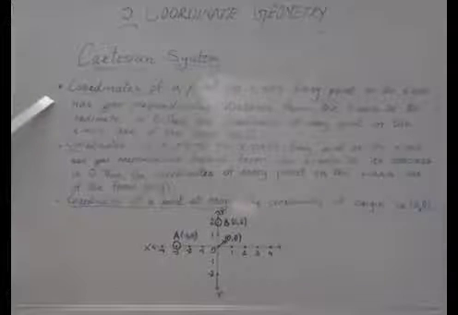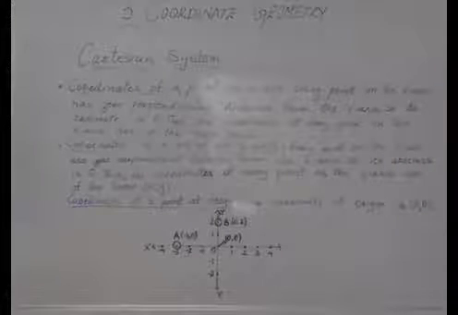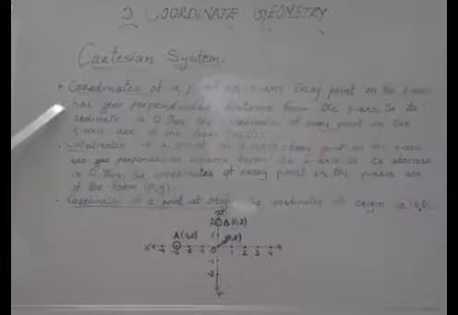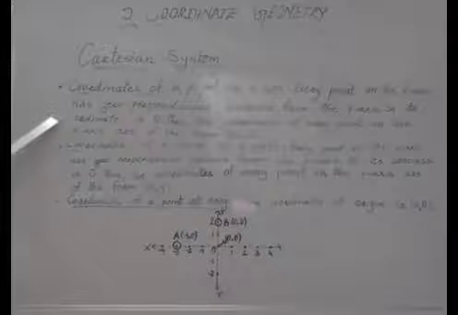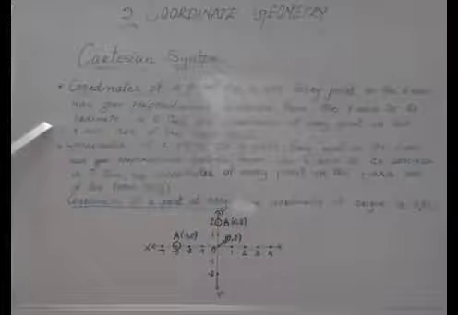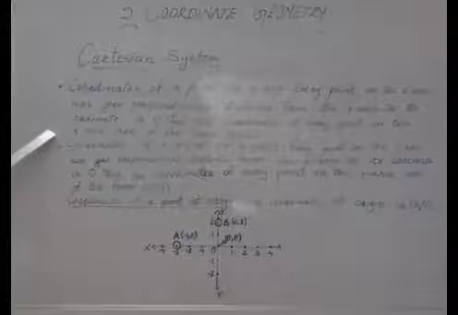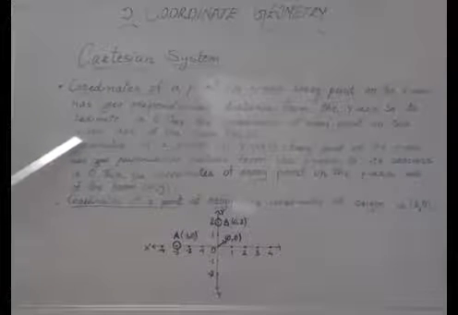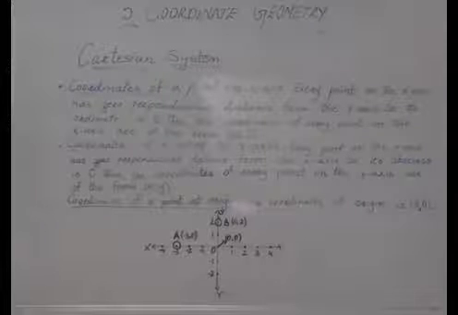The first point: coordinates of a point on the x-axis. If in the Cartesian system any point lies on the x-axis, then every point on the x-axis has 0 perpendicular distance from the y-axis. So its ordinate is 0. Thus, the coordinates of every point on the x-axis are of the form (x, 0).